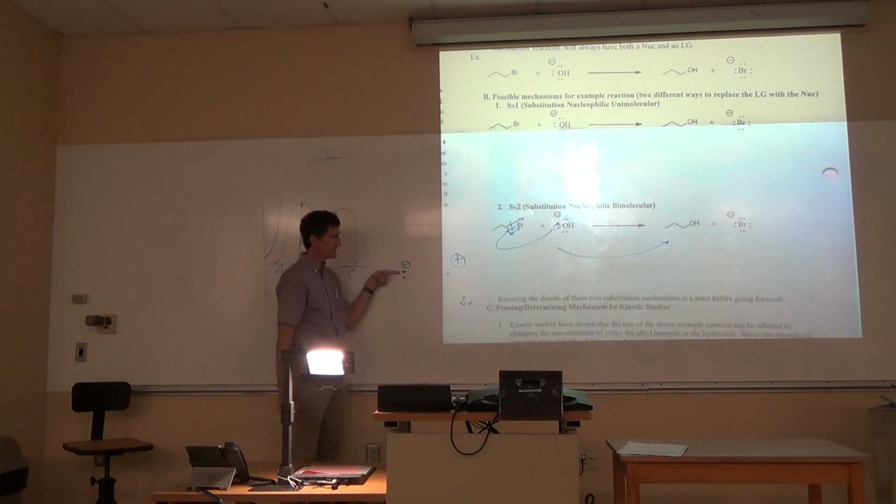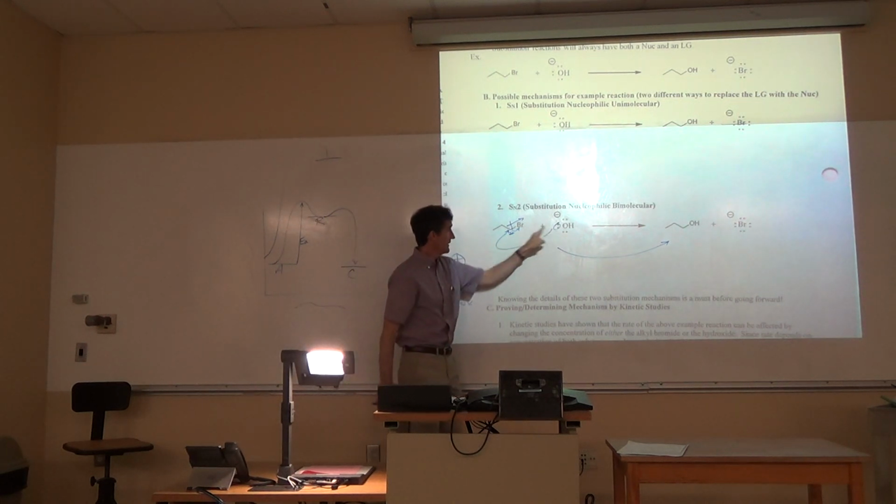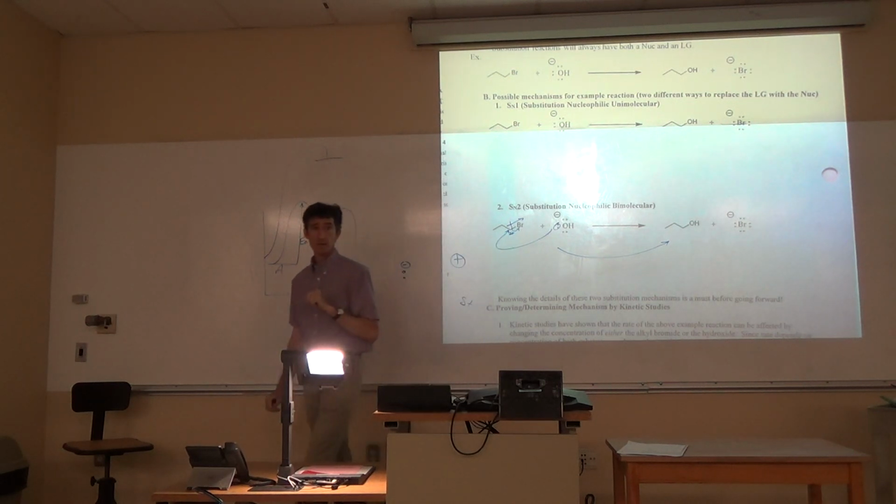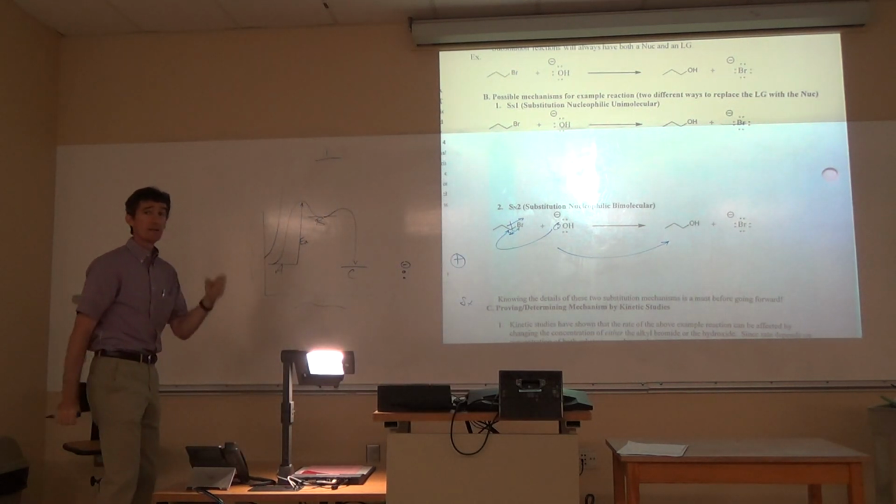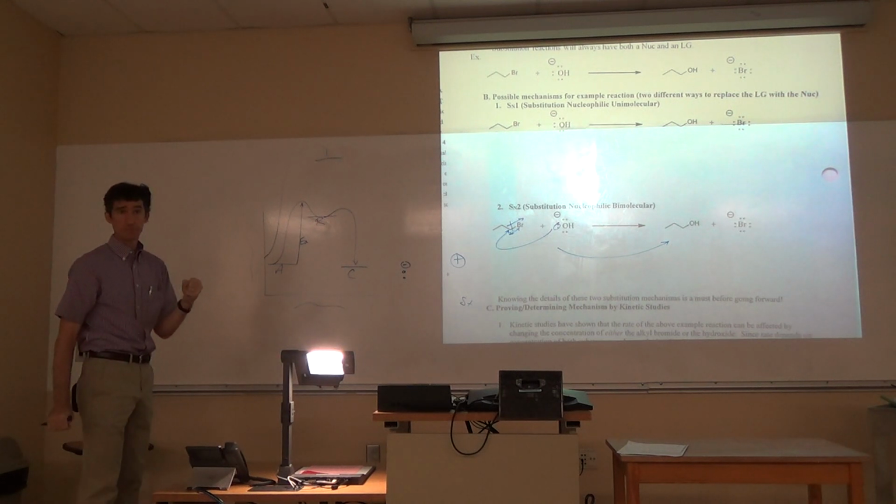Which one would this be more attracted to? Full plus or partial plus? The full. Full plus. This should be greater attraction. Thus, it's going to be easier to come together and make the bond. This is going to be more difficult than attacking a carbocation, but it still can be done.